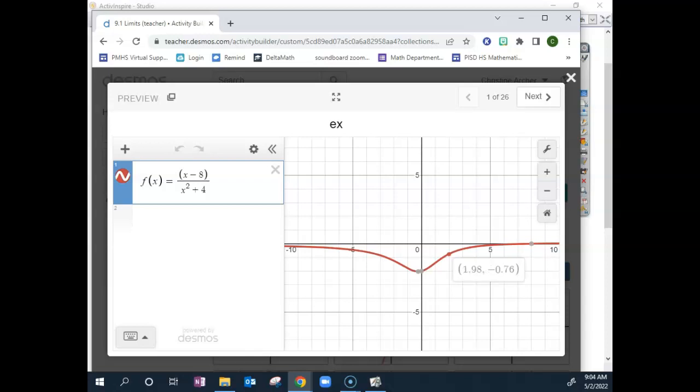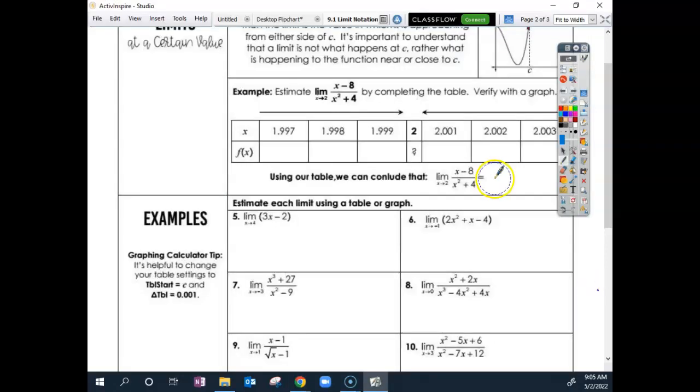Okay, so at 2, what is the value? Negative 0.75. On either side, do you see it's negative 0.75 on both sides? They match. So the limit here, for the first one, is negative 0.75.